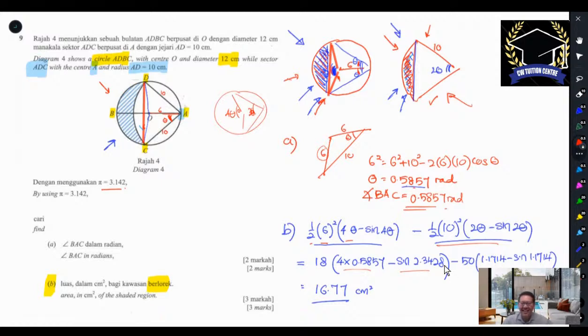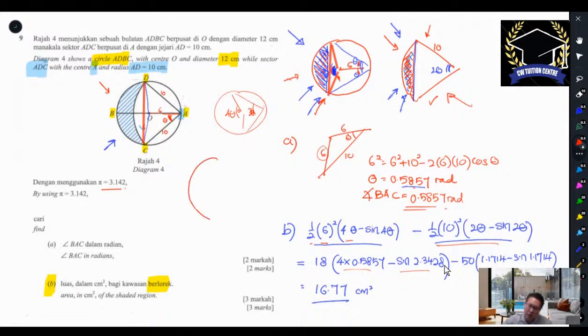Okay, so these are the questions that I want you to understand that it will come out where it involves two circle overlap. Okay, remember it could be circle and triangle overlap or circle and circle overlap. Okay, so this question is circle and circle overlap. This kind of question, we need to split it into two parts. Okay, split into two parts.